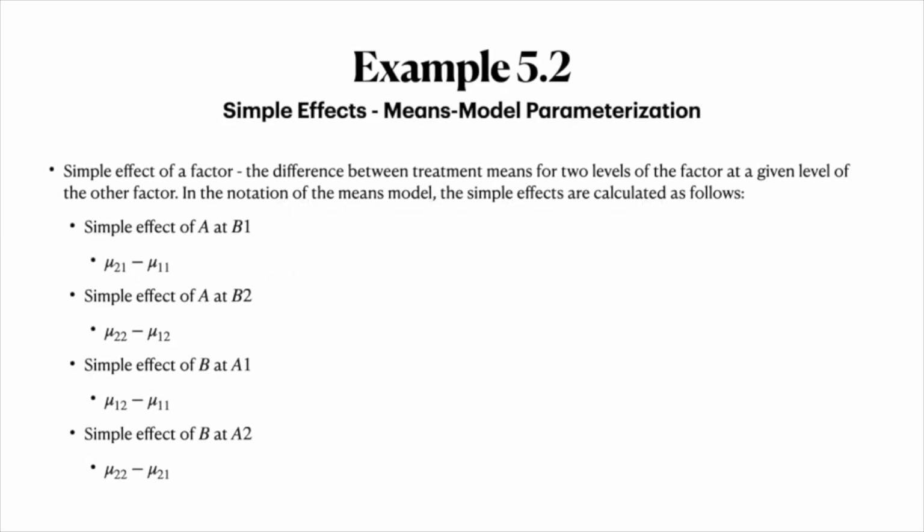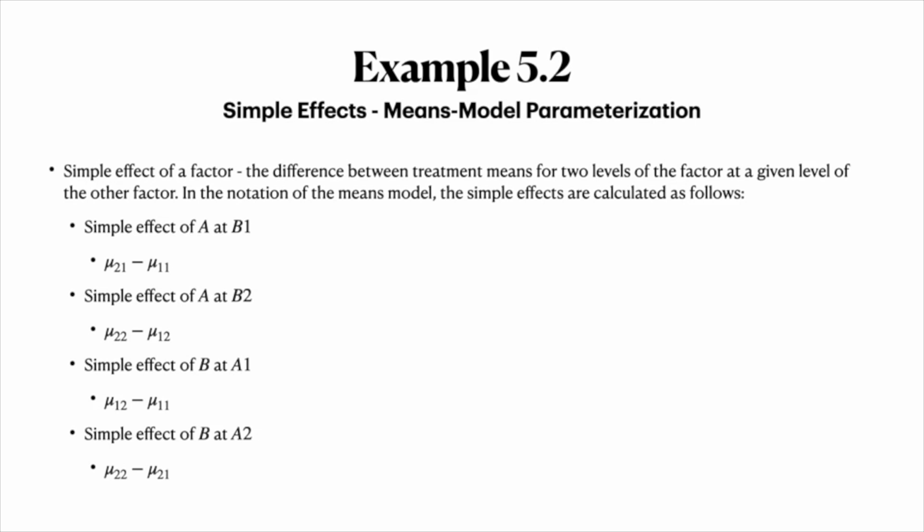So let's first calculate the simple effects. As a reminder, the simple effect of a factor is the difference between treatment means for two levels of that factor at a given level of the other factor. And so in the notation of the means model, the simple effects are calculated in the following way.